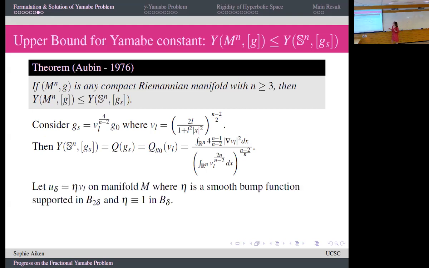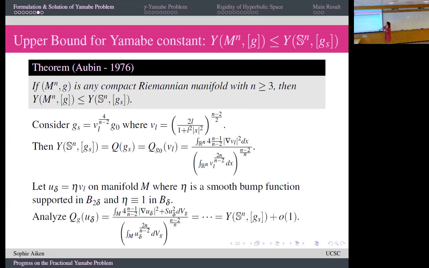Okay. And so just sort of a brief outline here. He showed that by comparing your metric G to the standard spherical metric, where this V sub L is just the stereographic projection with a dilation by L. And then I'm going to compare my given metric G by writing a conformal factor U delta, which is the stereographic projection times some bump function.